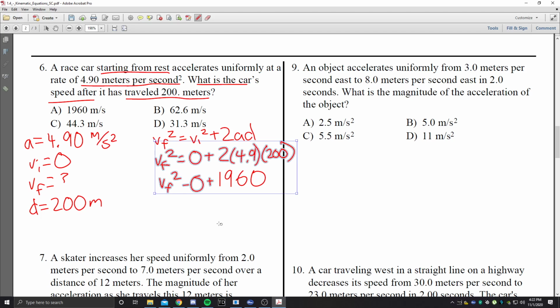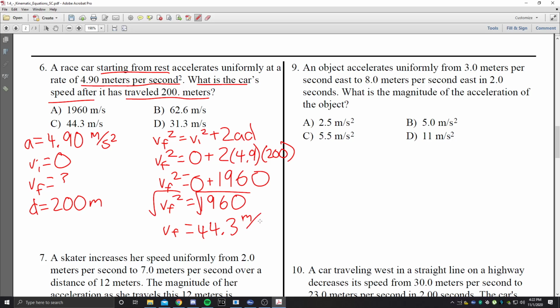That's not a minus sign, by the way, guys. It's supposed to be a plus, equal to 0 for VI squared. So VF squared is equal to 1960. And we're going to square root both sides because, again, we want VF by itself. And what we're going to get is 44.3 meters per second. That's going to be C.